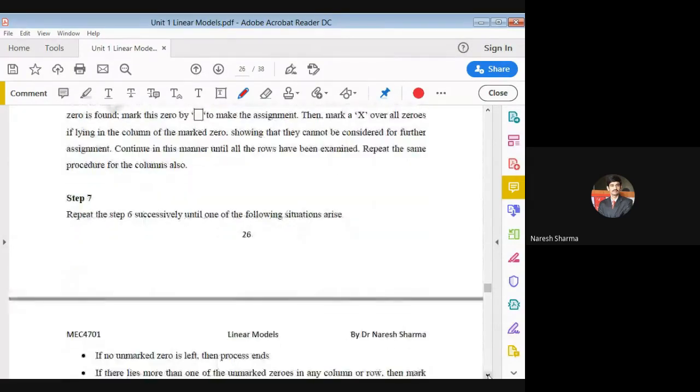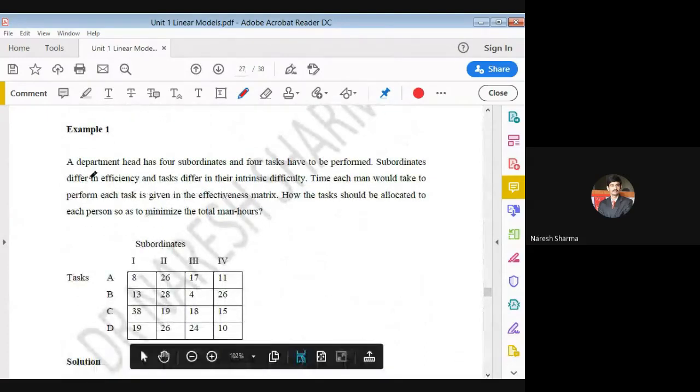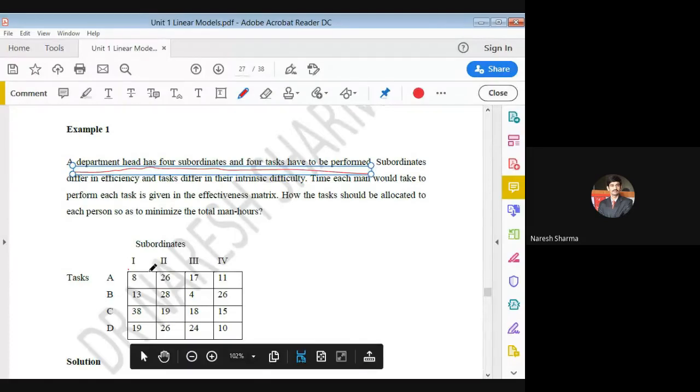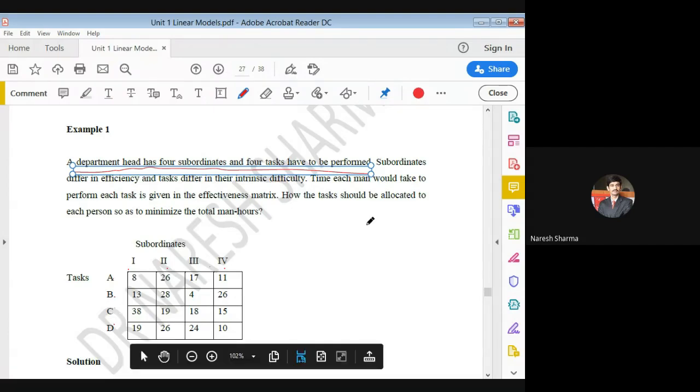So your problem is like this. A department head has 4 subordinates and 4 tasks have to be performed. So we have subordinates 1, 2, 3 and 4, and 4 jobs A, B, C, D tasks are there.